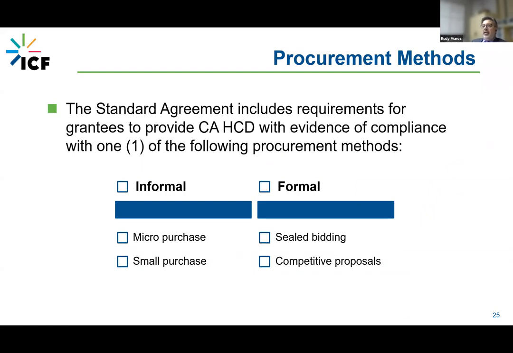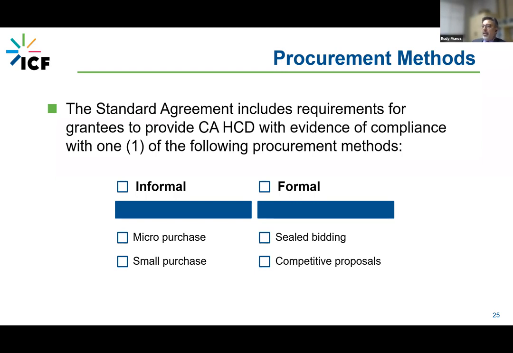HCD and its grantees and subrecipients are required to follow and to document one of the procurement methods that is noted on this slide. What we have done is broken it out into the two basic methods that are applicable under 2 CFR Part 200, and they are the informal procurement method and the formal procurement method.